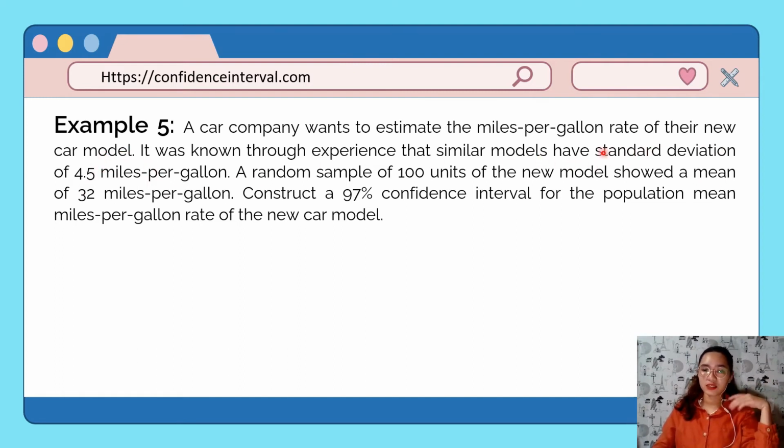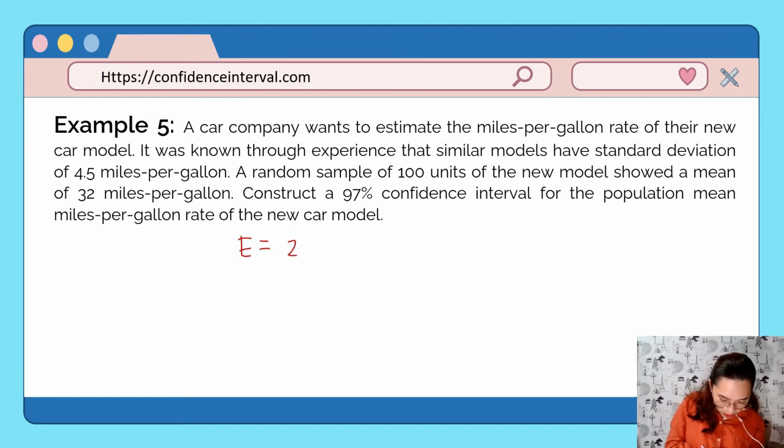Since meron na tayong population standard deviation, at ang sample natin ay 100, which is a large sample size, alam na po natin na ang gagamitin po natin is Z. So ibig sabihin, to compute for our margin of error, kailangan po natin ang Z alpha over 2 multiplied sa ating population standard deviation over square root of n.